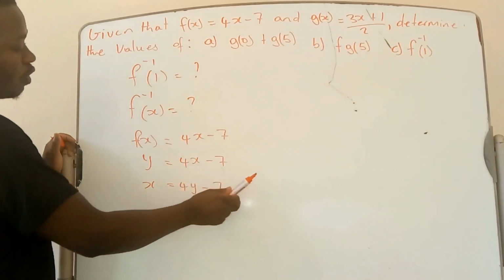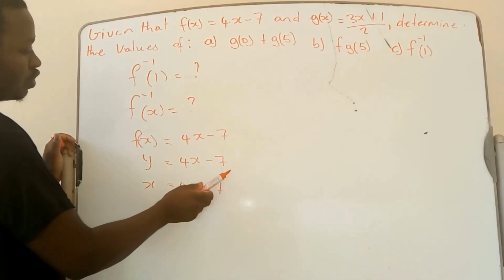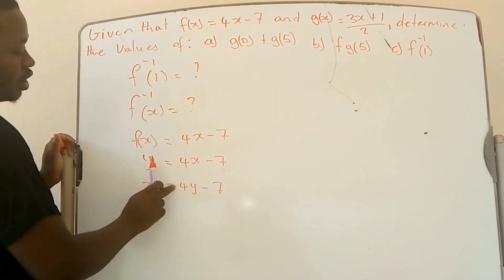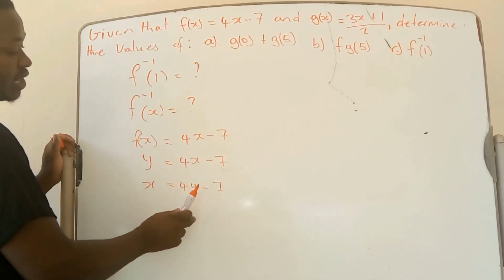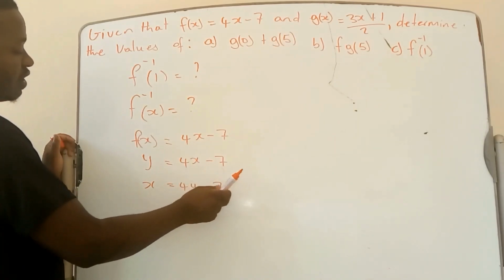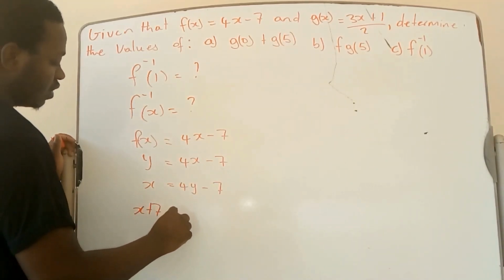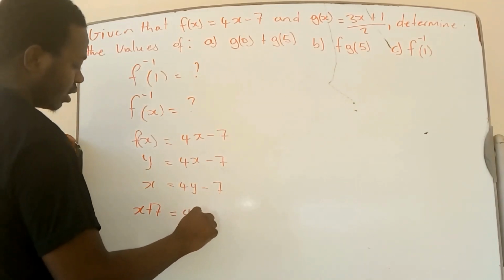Alright, transpose for y, so that means we need to get rid of this minus 7 and get rid of this 4, so we can get y by itself. So because we have minus 7, add 7 to both sides, and this side we have x plus 7 is equal to 4y.